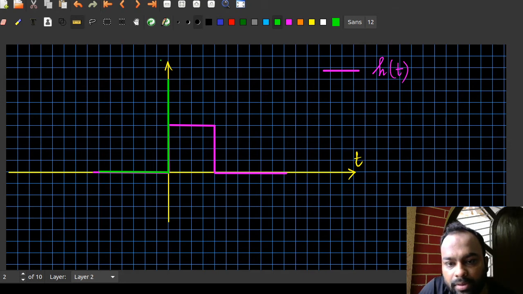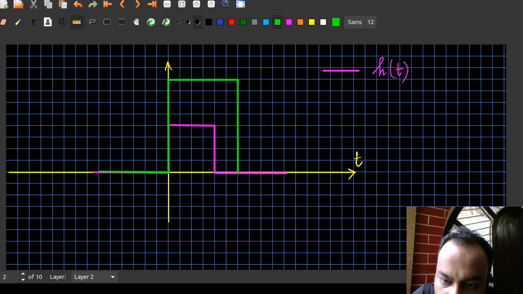I'm just making up an arbitrary example. This is the input to the system.